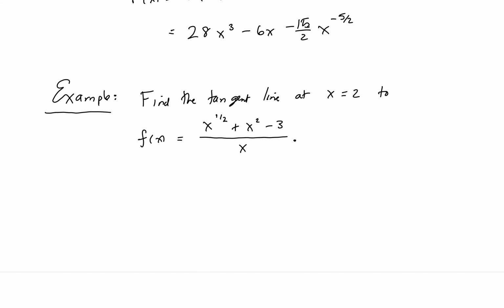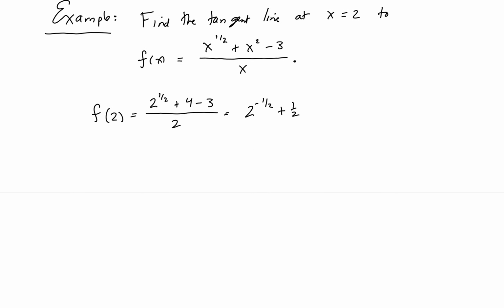Well, the first thing we can do is find a point on the tangent line. So let's plug in the 2. This is going to give me 2 to the 1/2 plus 4 minus 3 over 2. So this is 2 to the negative 1/2. The second part is 1, so this is plus 1/2.